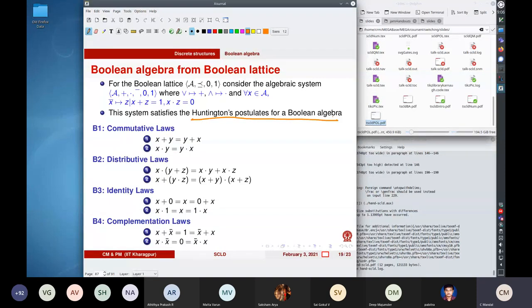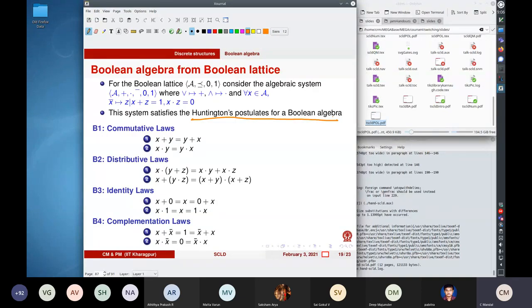These are some of the laws of the postulates, and we find that when you consider mapping of a Boolean lattice to a Boolean algebra as defined by Huntington's postulates, then you find that these commutativity, distributive laws, identity laws, complementation laws are the same as the properties that are satisfied in a Boolean lattice.